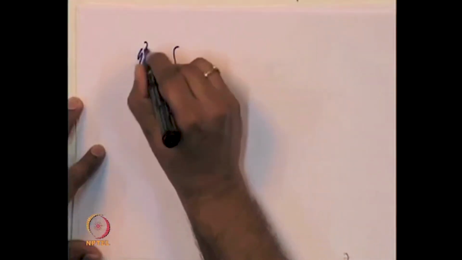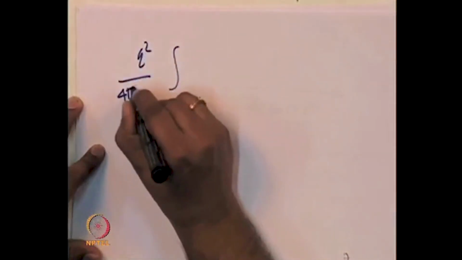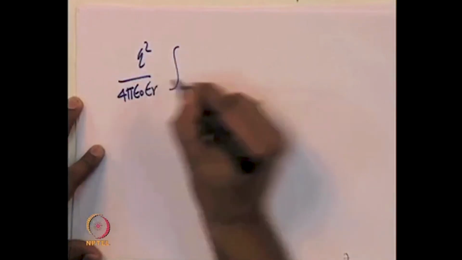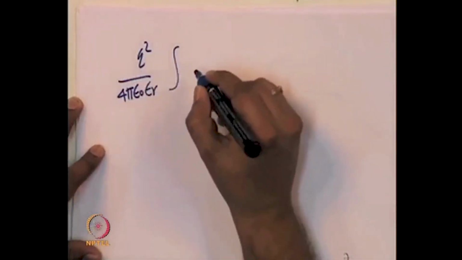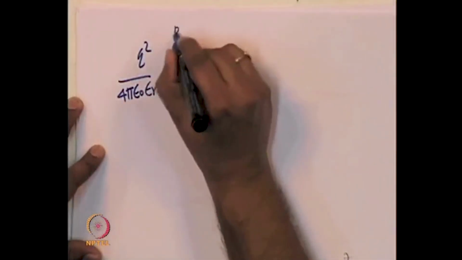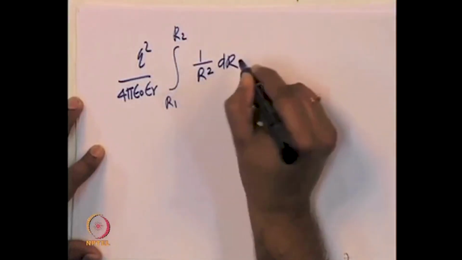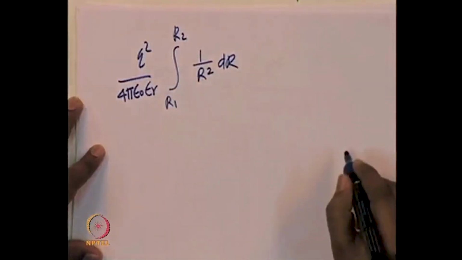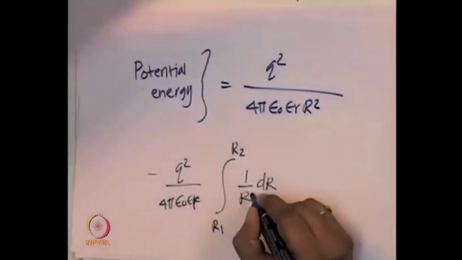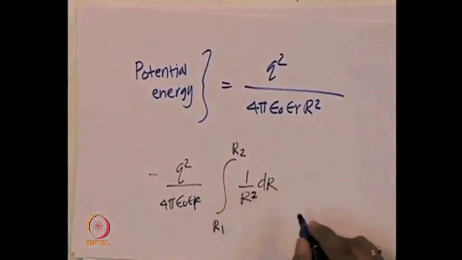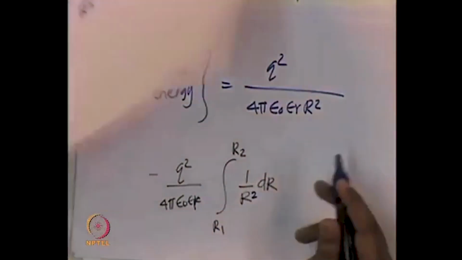So, if you do this integral, let us have a look at what you end up with. Basically what you have to do is q square by 4 pi epsilon 0 epsilon r is a constant, and integral from r1 to r2 of 1 over r square dr. That is what you have to do. So, in the previous one you had integral 1 over r square. So, this is the energy we have.